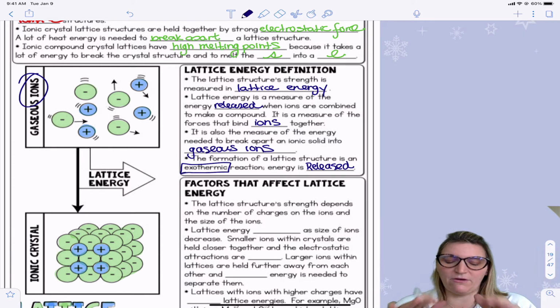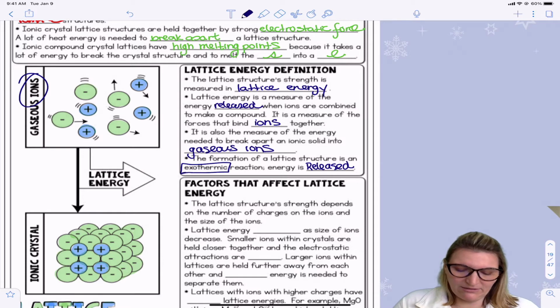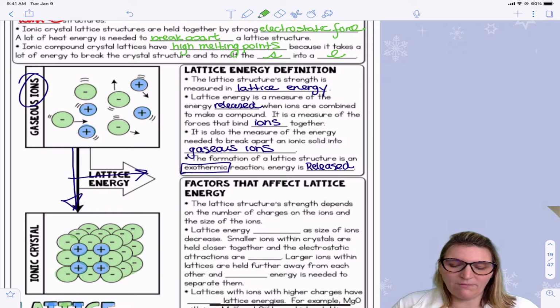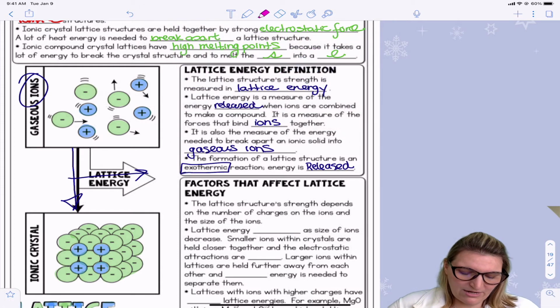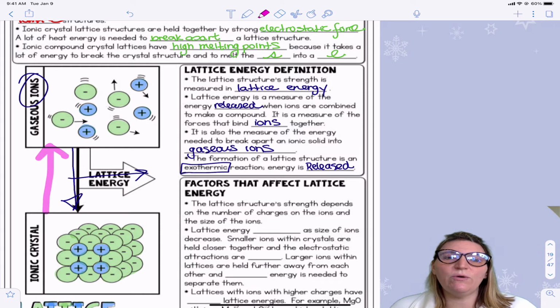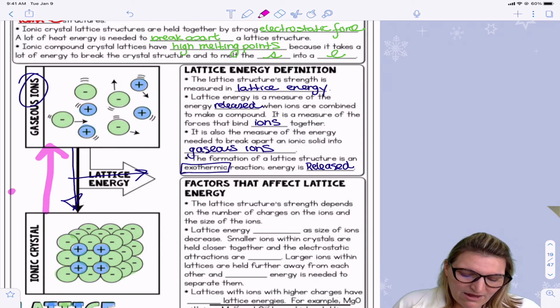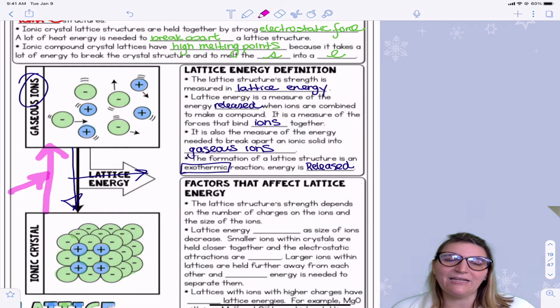When they come together, they release a lot of energy, a lot of heat. We call that lattice energy. So when the arrow is going down, the energy comes out. The exact opposite would be true if you go from the crystal to the gaseous ions, breaking them up: then that energy would need to be added in order for that process to happen.